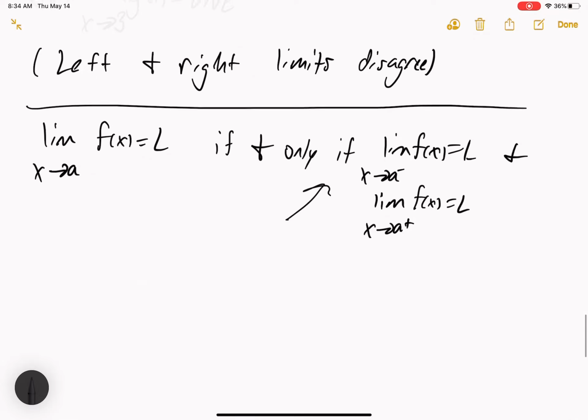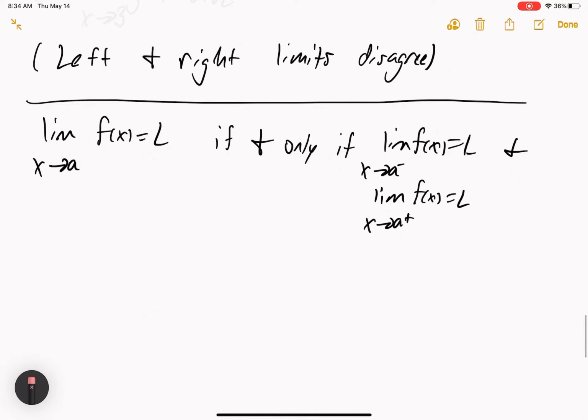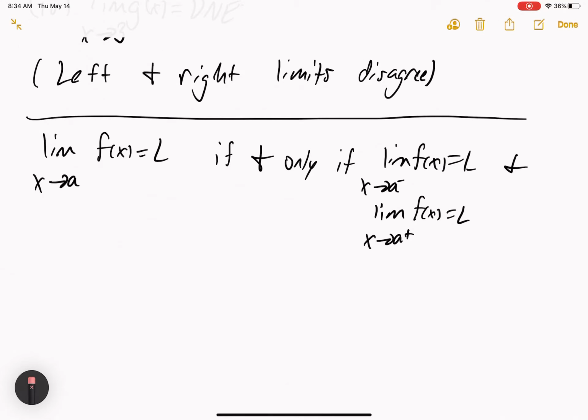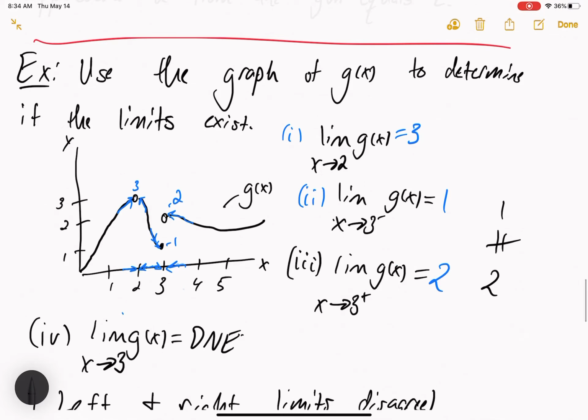And that's how we could say the limit as x goes to 2 does exist. But in the case that both of these are not the same value, then the limit of f of x as x goes to a does not exist. That's basically what we just did right here.